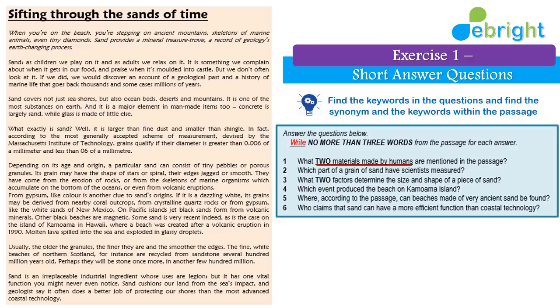So the title over there, Shifting Through the Sands of Time, and the subtitle, When You Are on the Beach, You Are Stepping on Ancient Mountains, Skeletons of Marine Animals, Even Tiny Diamonds. Sands provides a mineral treasure trove, a record of geology's changing process. So, as I told you previously, number 1, the synonym for the keywords 2 materials made by humans can be found in the first or second paragraphs.